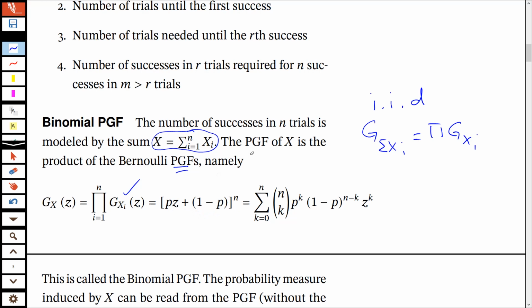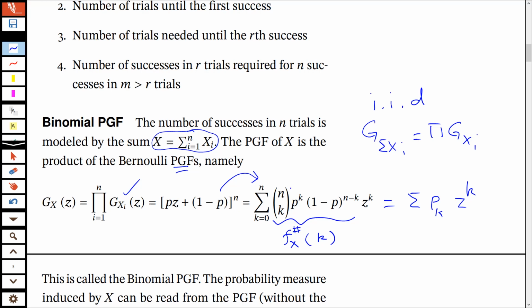If I want, I can expand this binomial series, and if I compare it with the definition of a PGF, I would expect the probabilities associated with k. So in just one go, just by expanding this binomial series, I got my PDF. This will give me the PDF, of course restricted to the support, so I write that there. So I can read that off from the PGF.